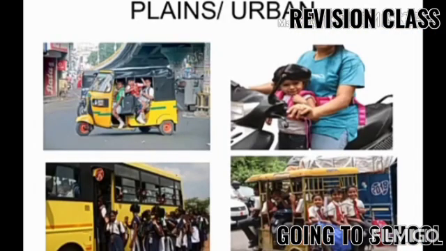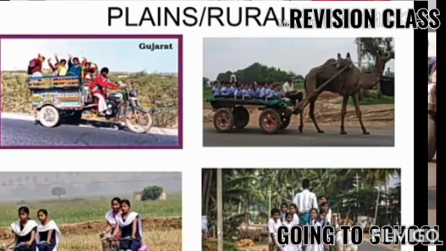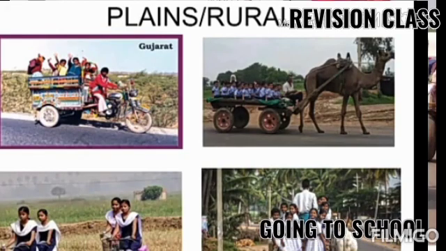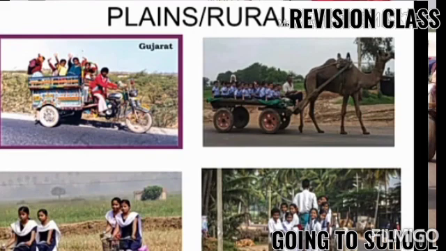So here I need to discuss with you, as you see in the pictures, the urban and rural transport systems. There is a great difference between both the systems. There are different transport vehicles for urban and rural people. Understood, students?